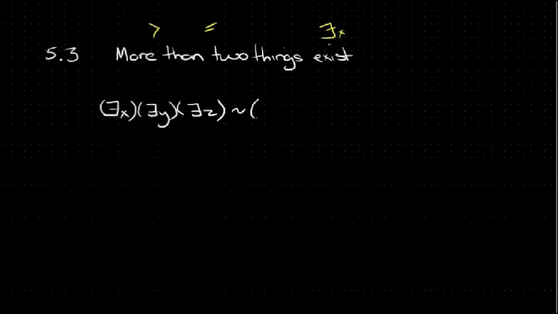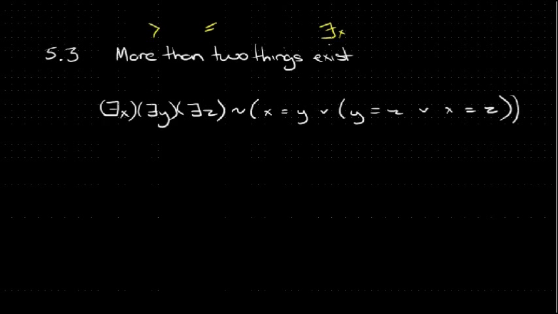Well, it's not the case that x equals y, or y equals z, or x equals z. So there we go, simple as that. We don't need to do any domain restriction here because we're talking about things, and in their most abstracted state, the variables here just refer to things of a particular kind.